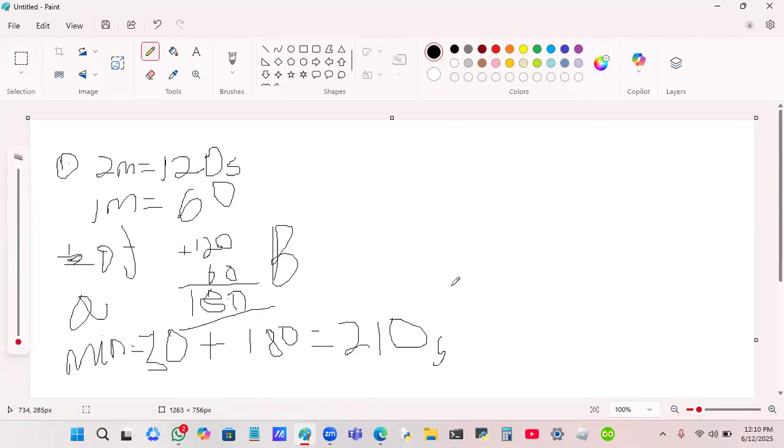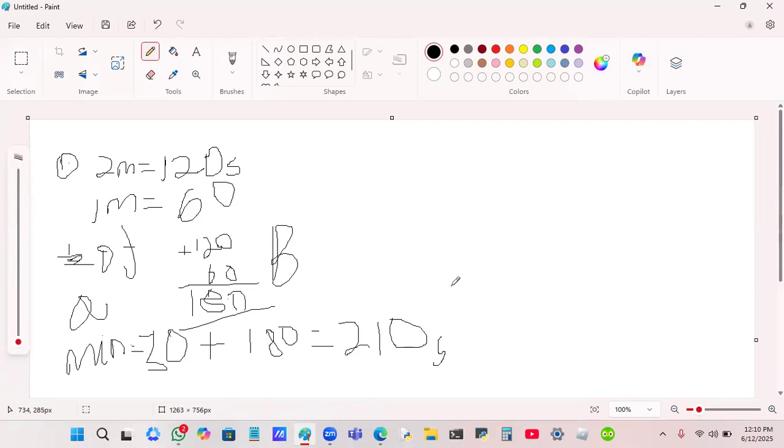Now let me explain something. That method is a bit slow. But if from the beginning you know that you are dealing with 3.5 minutes, instead of breaking 3 minutes into 2 minutes plus 1 minute plus half, why not just break it down into three plus half?